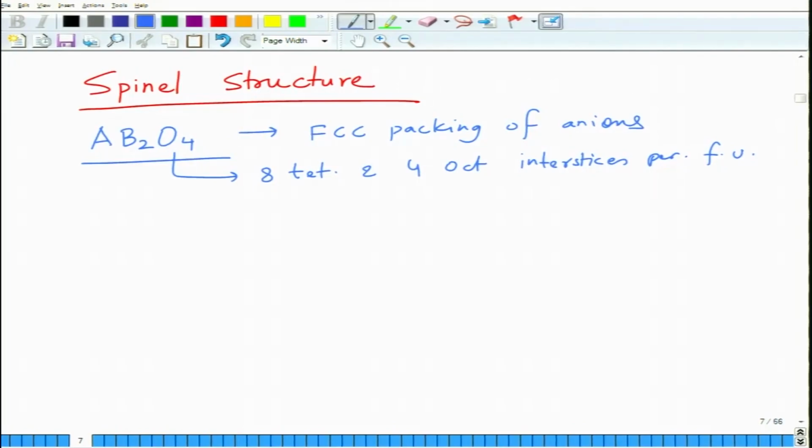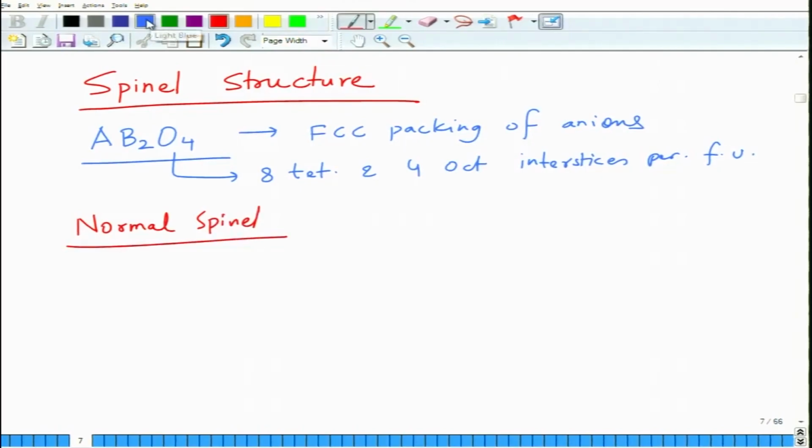Number of cations that you have are only 3. So, all the interstices are not going to be filled. You will have partial filling of interstices, because it is not possible. You have a total of 12 interstices and you have only 3 cations. So, how do you fill them? Well, there is a variant of spinel which is called normal spinel.